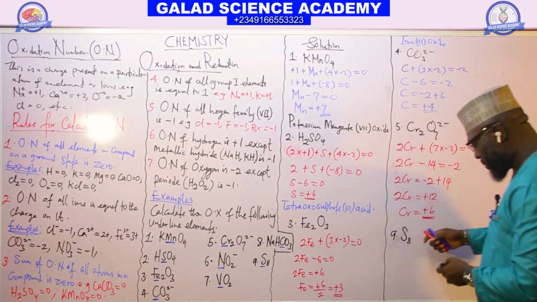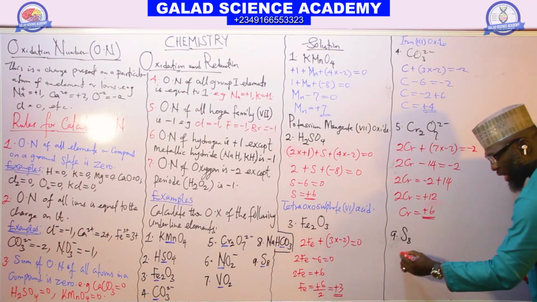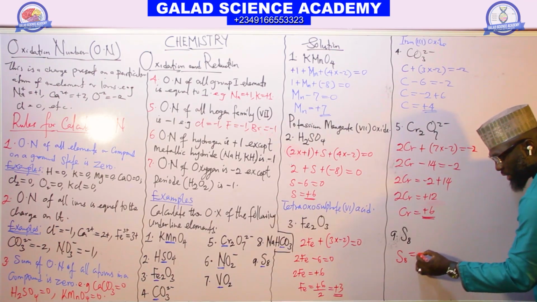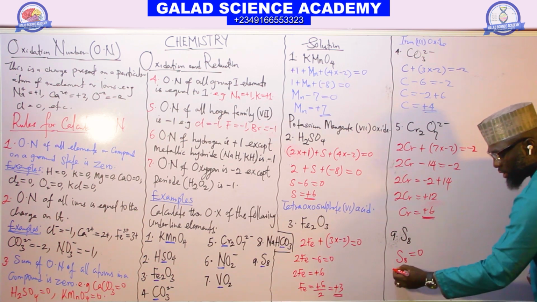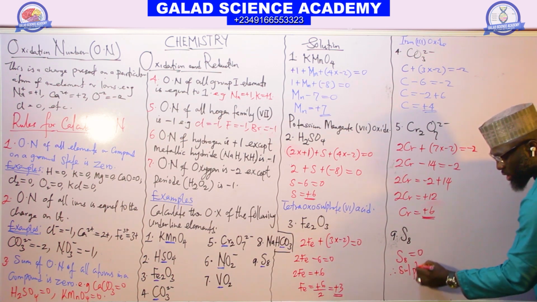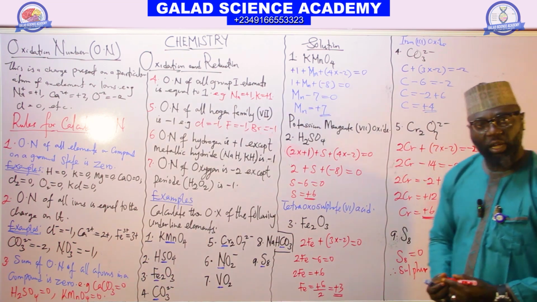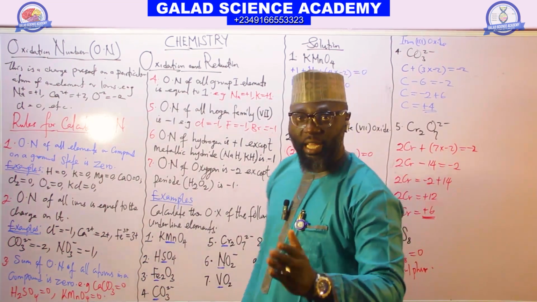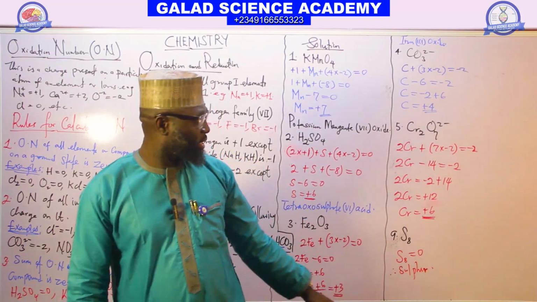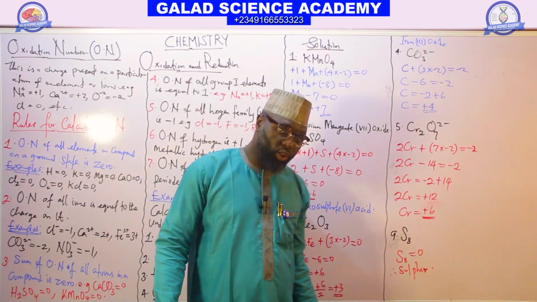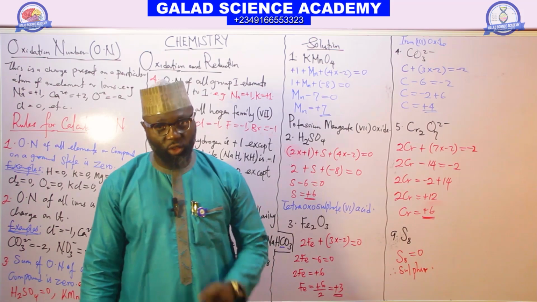So the oxidation number for sulfur here, S8, is equal to 0. Therefore, the compound is still sulfur. Please solve the remaining questions and tell me the answer in the comment section.